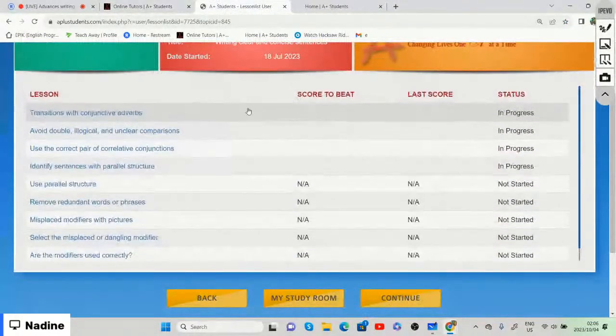So we already started doing the lesson on writing clear and concise sentences, and we did the transitions with conjunctive adverbs as well as how to avoid double, illogical and unclear comparisons. That is what we did already.